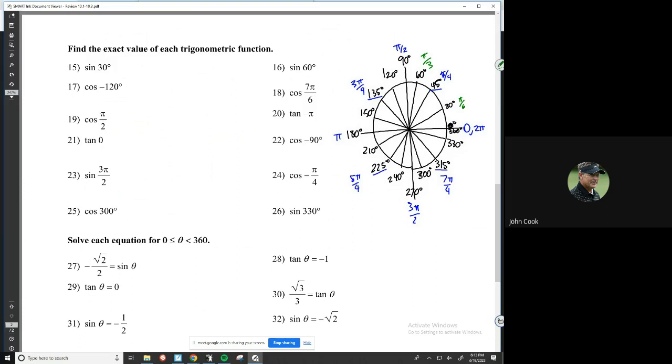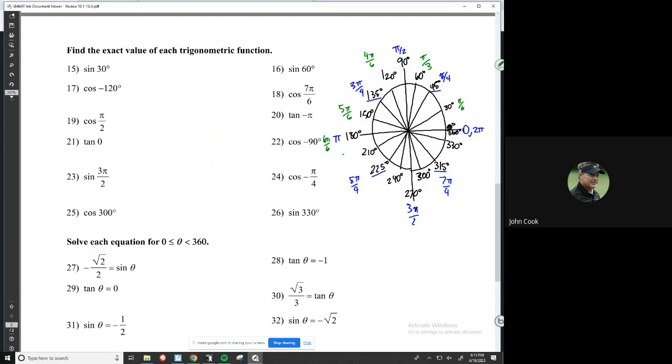And then I get 4 pi sixth, 5 pi sixth, 6 pi sixth, 7 pi sixth, 8 pi sixth, 9 pi sixth, 10 pi sixth, and then 11 pi sixth. And then I just reduce them after that.